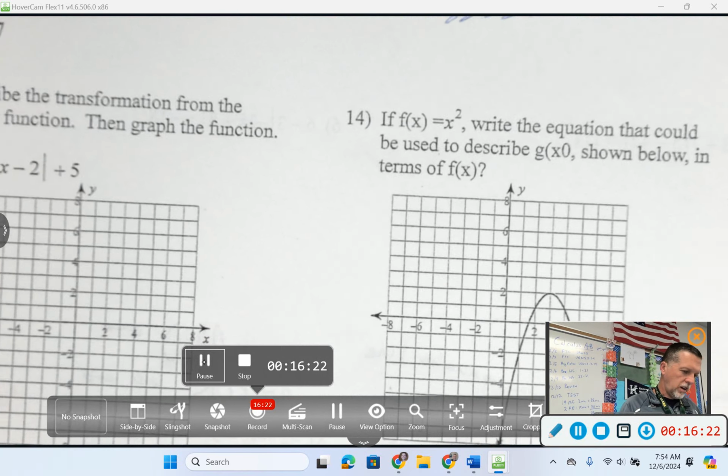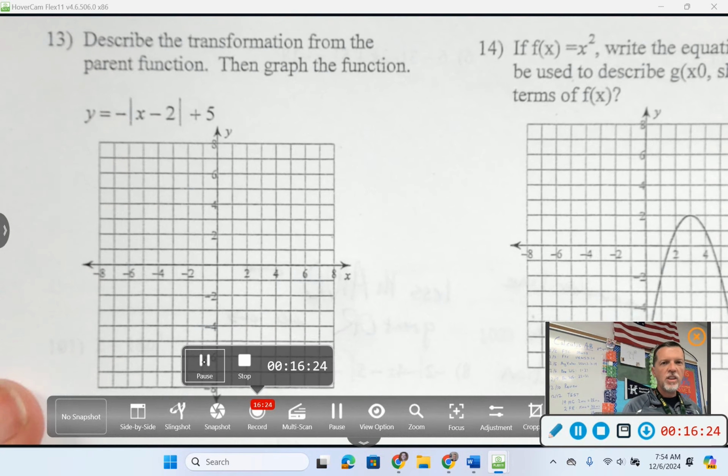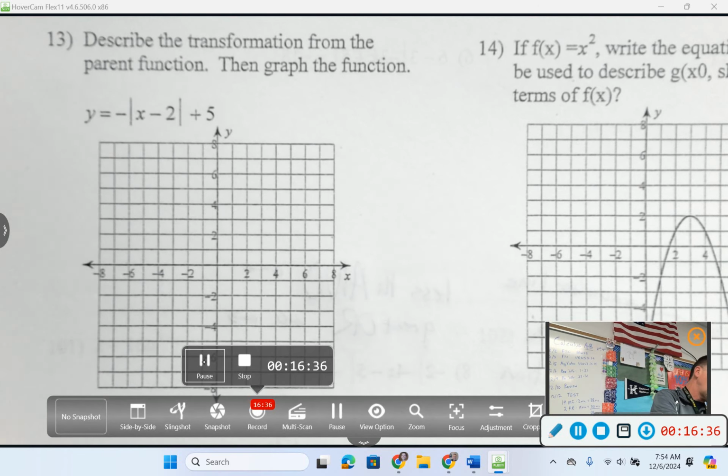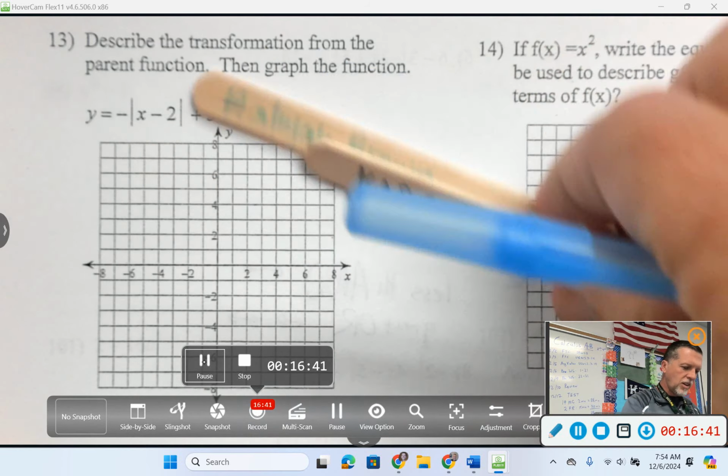Number 13, describe the transformations, then graph the function. We haven't done any popsicle sticks today, so let's pick on some people just to end the day on a good note, right? I think I see 3 different transformations that have gone on here.